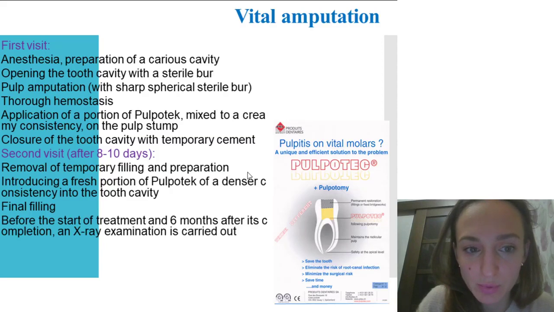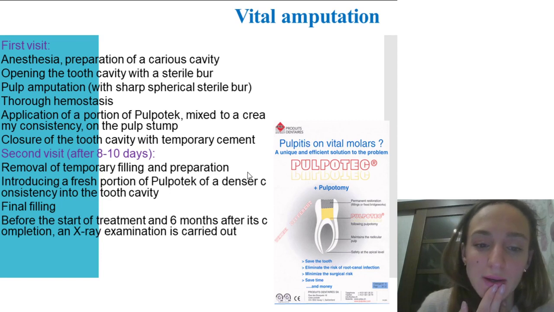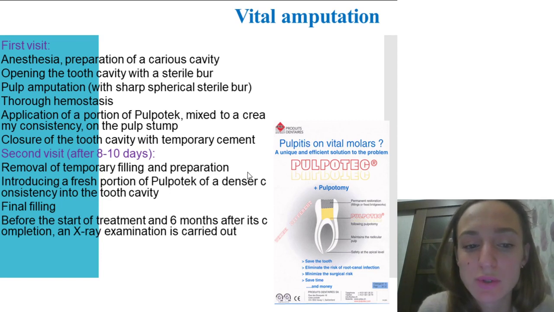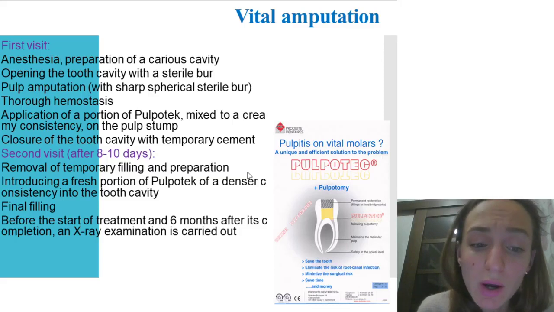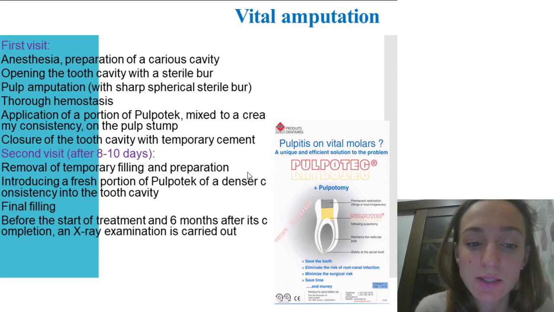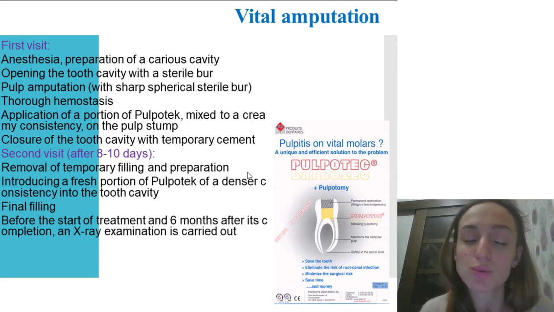Then we should do pulp amputation. This method of treatment presupposes removal of the coronal part of the pulp under anesthesia and preservation of vitality and functionality of the root pulp.